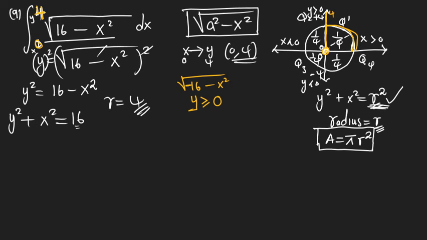Let's try to prove it. Let's say y is equal to the square root of 16 minus x squared, and this is our circle. We know it's the upper limit, this part. Now I want to figure out whether our graph is going to be here or here. That's one thing you must be able to know. For this equation, y should be greater than or equal to 0.